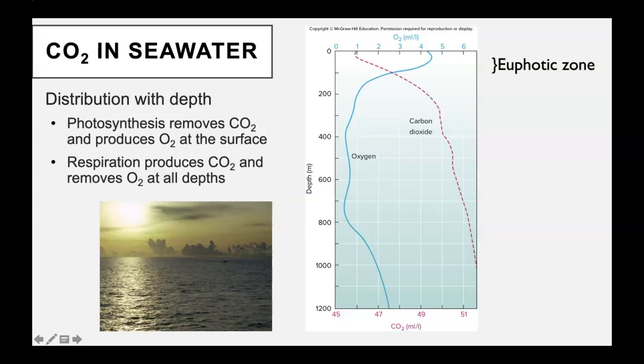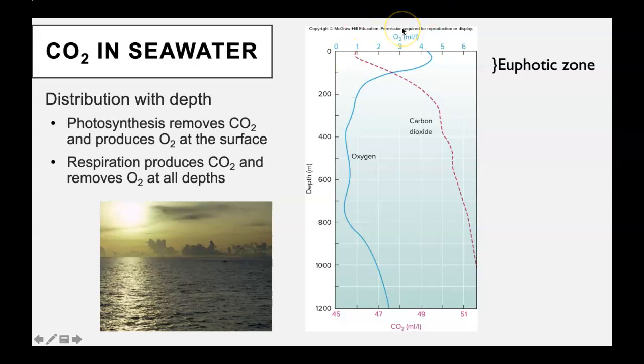Okay. Carbon dioxide and oxygen are dissolved in seawater, and those are important to look at because of biological activity. In the very, let's see, this is the top, say, 100 meters of seawater in the euphotic zone, where there's still some light, there's going to be more biological activity, especially photosynthesis in that top zone.